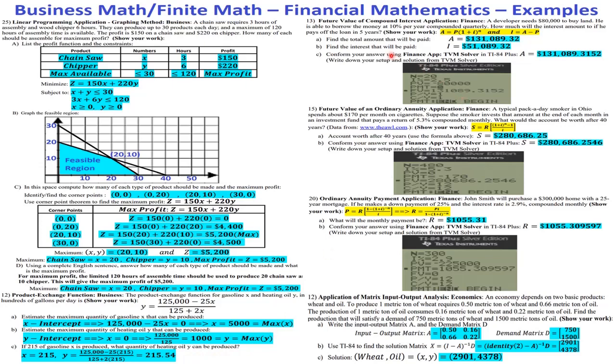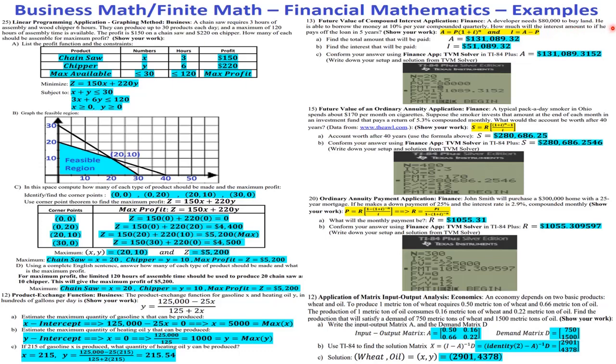Okay. Then here I have an example of future value of compound interest. A developer needs 80,000 to buy land. He is able to borrow the money at 10% per year, compounded quarterly.